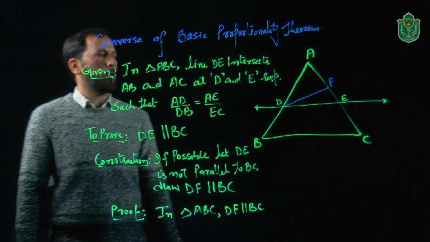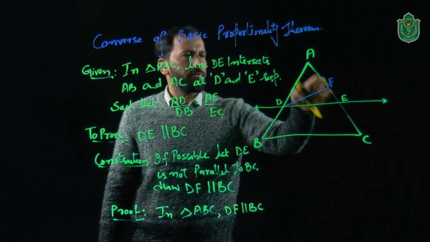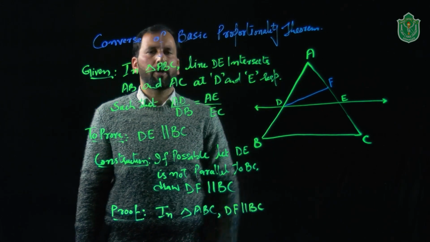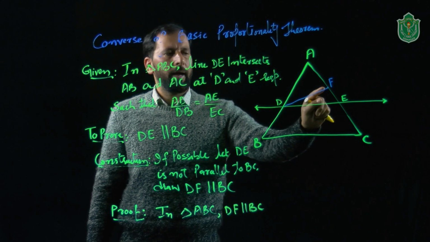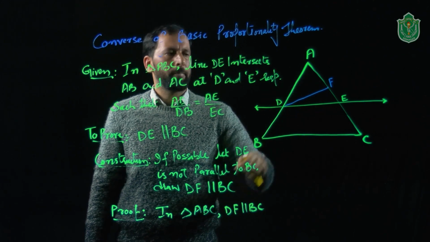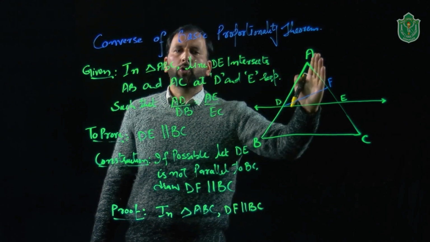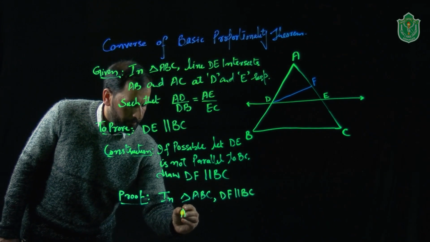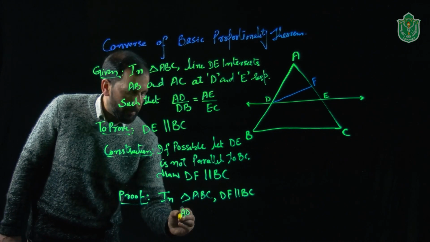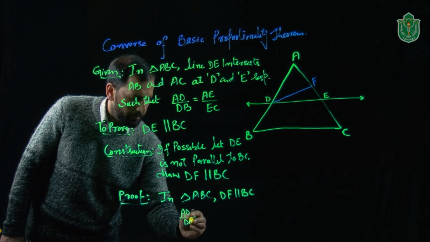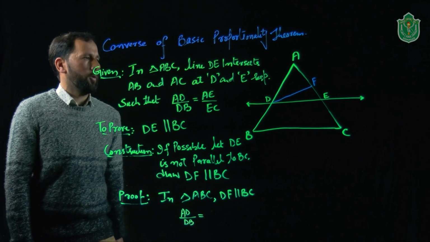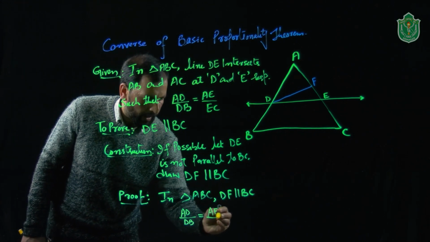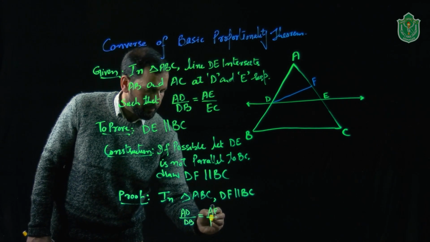So by basic proportionality theorem, this DF intersects the two sides AB and AC at two distinct points, that is D and F, and this line divides the two sides in the same ratio. So we can write AD by DB is equal to AF by FC.